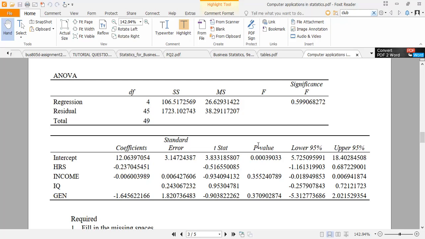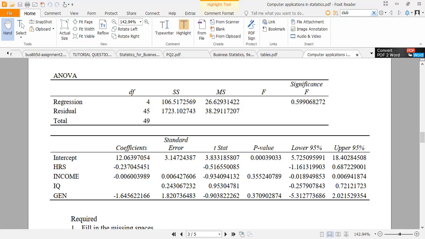We can compute the probability value by reading tables, but don't worry about that. You must know the relationship between coefficient, standard error, and t-statistics, and let me show you.